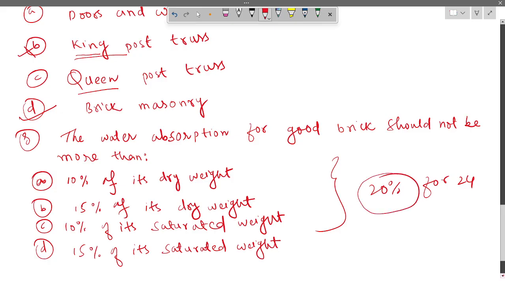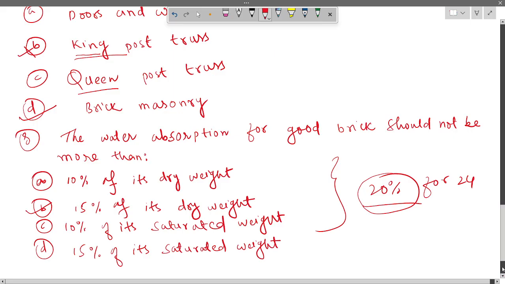Here in the options, 10%, 15%, 10%, 15%, 20% is not given and there is no none of the above. So we will choose the nearest option, which is B, 15% of its dry weight. It should not exceed 15%, but actually it is 20% of its dry weight for 24 hours when we immerse bricks in water. So B will be the correct option.